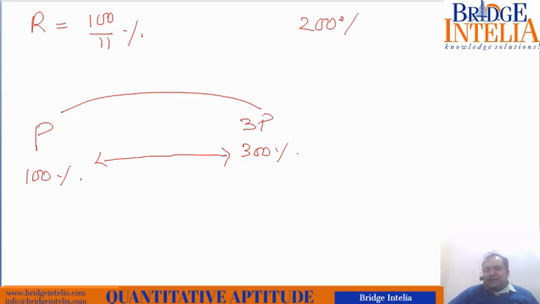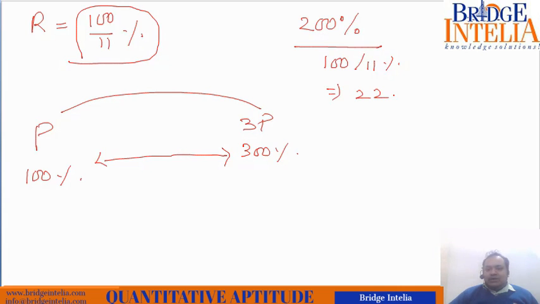So this 200% bank is going to pay you in how many years? If the bank is paying you this much per year, so 200 divided by 100 by 11%. So if you solve this, this comes out to be 22 years.